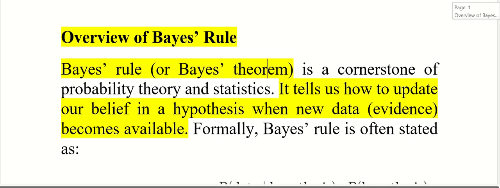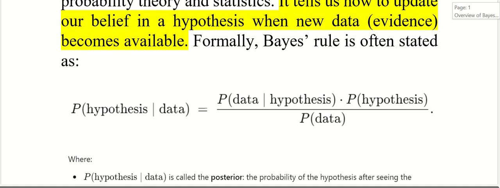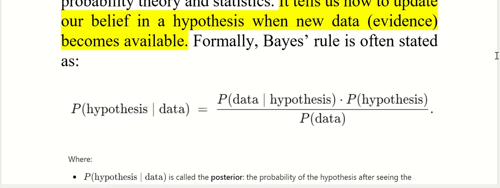So formally, Bayes' rule is often stated as the probability of the hypothesis given the data. So you want to measure the change of the probability of your initial hypothesis based on the new data you got, equal to the probability of that data if your hypothesis were true, given your hypothesis, multiplied by the probability of your hypothesis.